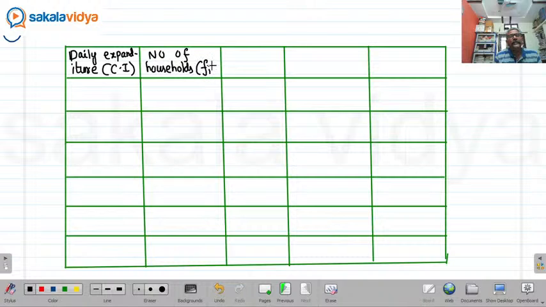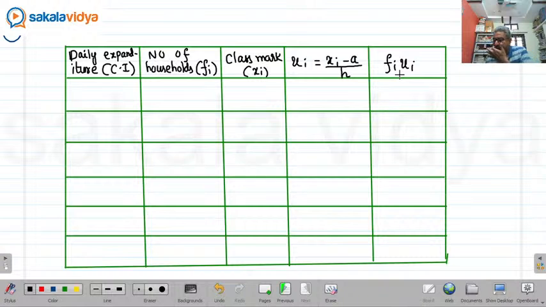This is frequency, Fi. This is class mark or mid value, Xi. This is UI. UI equals Xi minus A upon H. H is the size of the class. This is Fi multiplied by UI, the product of Fi and UI.